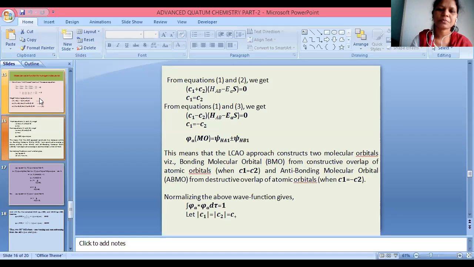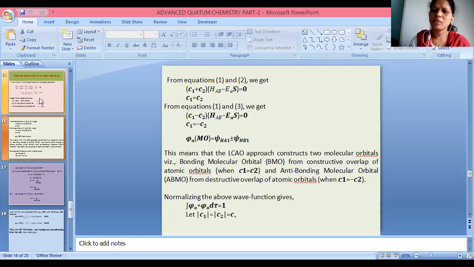That means the approximate molecular orbital wave function phi A is equal to psi of HA1 plus or minus psi of HB1. The LCAO approach constructs two molecular orbitals. One is the bonding molecular orbital, from constructive overlap of atomic orbitals, when C1 is equal to C2, that means plus.